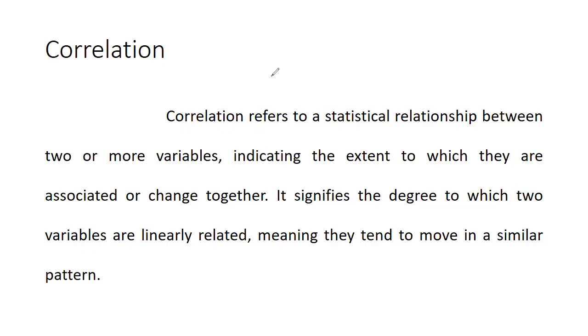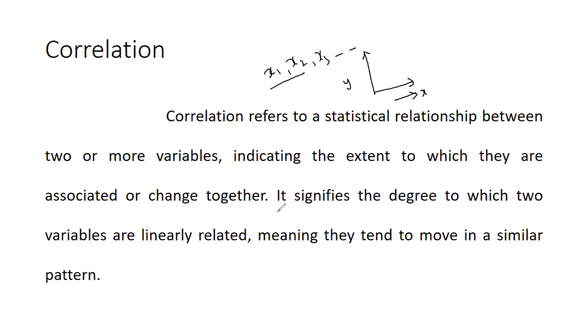It means we may have two or more variables x1, x2, x3, and so on, indicating the extent to which these variables are associated to each other or change together. It means if one variable increases, the other variable also increases or decreases.